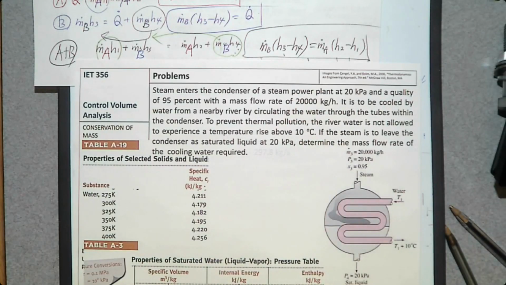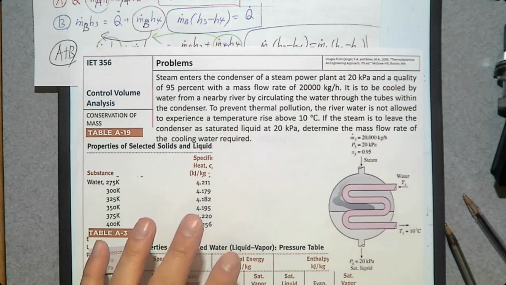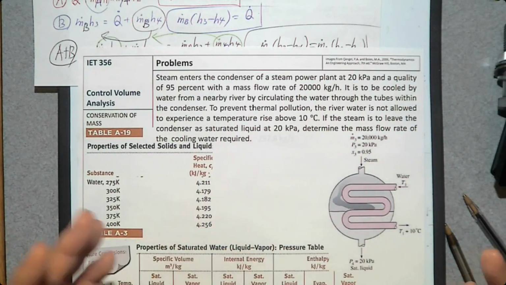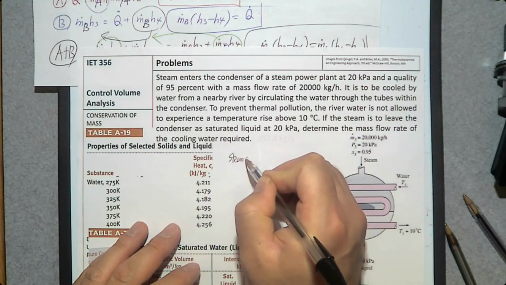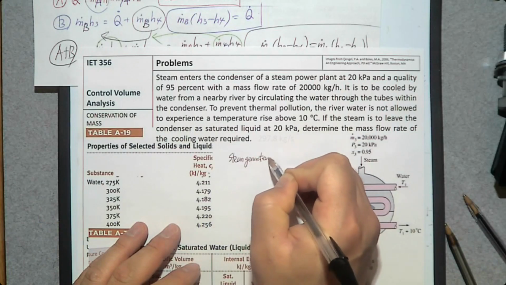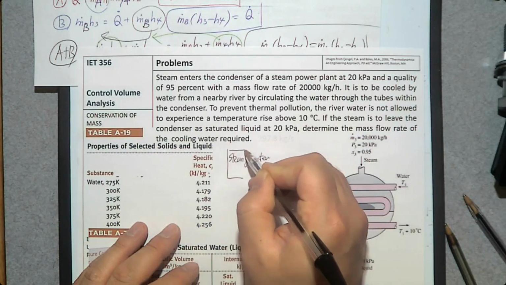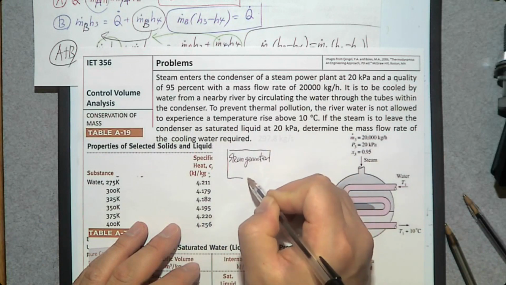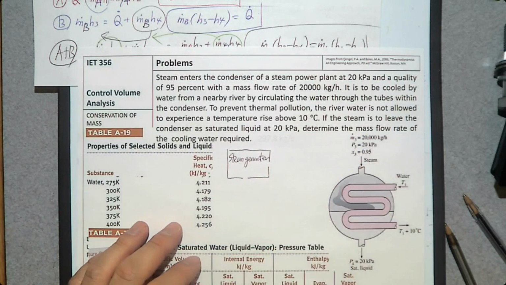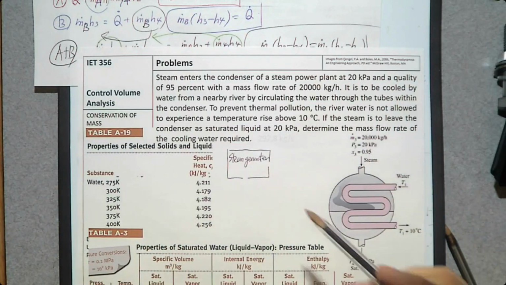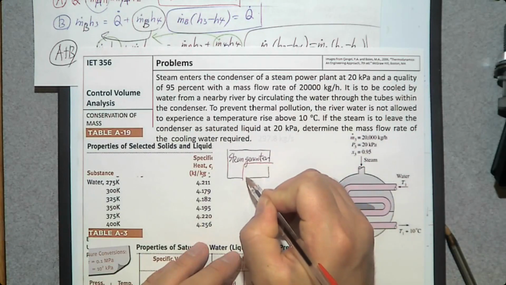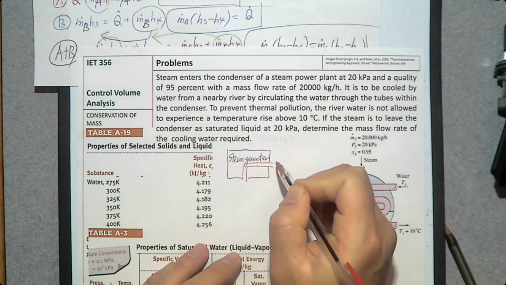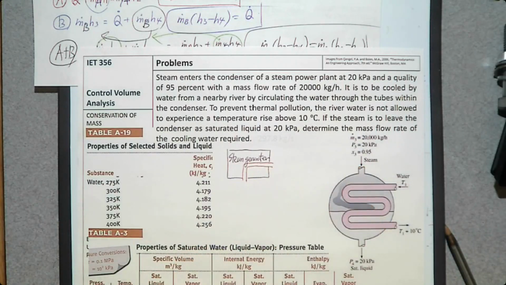And how do we run our steam power plant? We first need to make steam. By how? By using a steam generator. Water passes through this steam generator, evaporates, and becomes high pressure, high temperature steam.